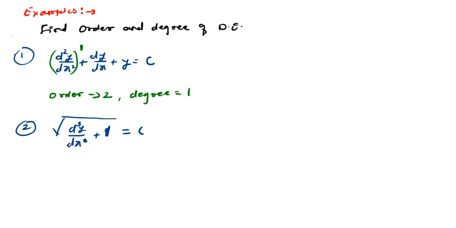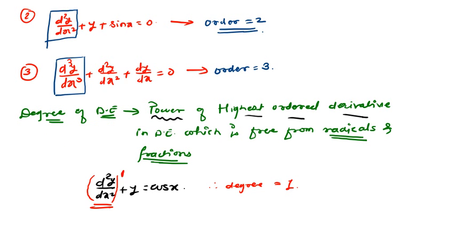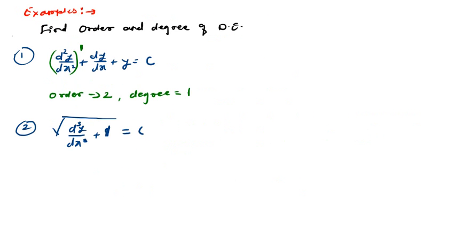In the definition of degree, we have seen that the differential equation should be free from radicals and fractions. What do radicals and fractions mean? It should not contain the differential raised to 1 by n type terms, and it should not be in p by q form.